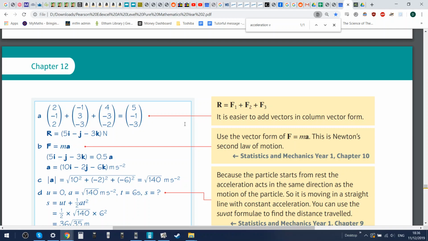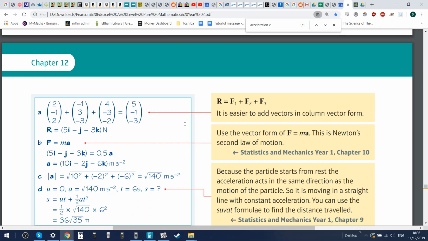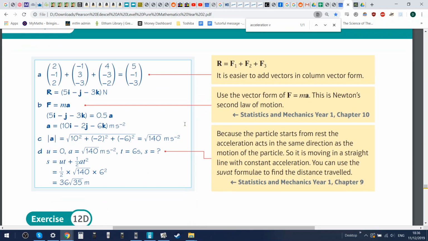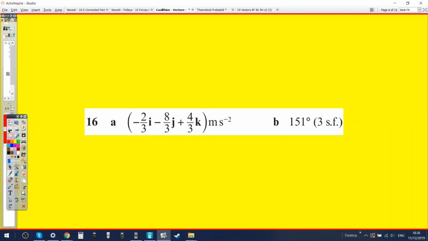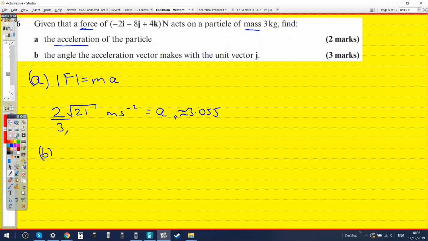So we have that. They want this acceleration in vector form.